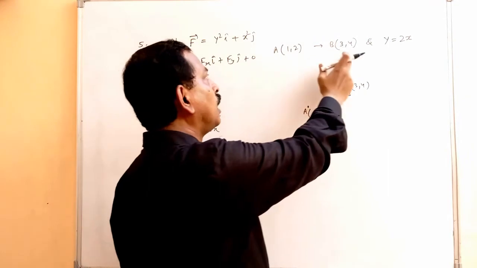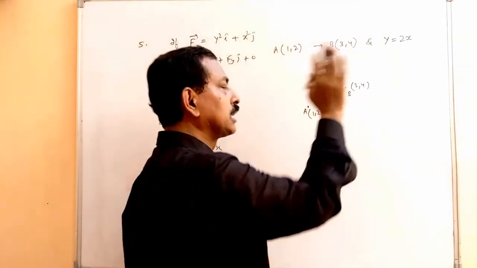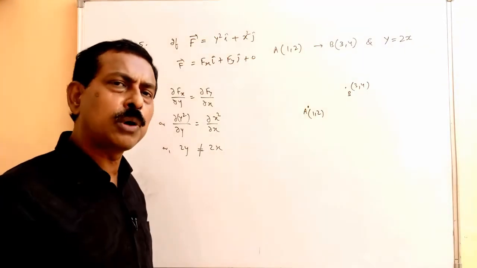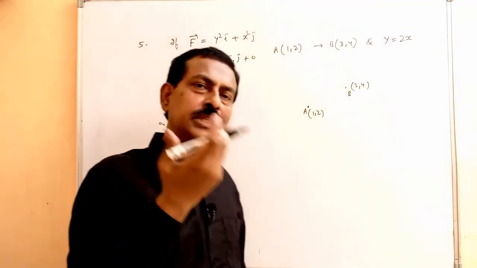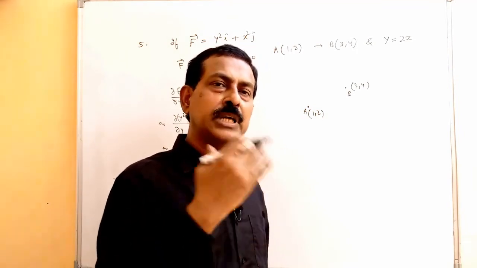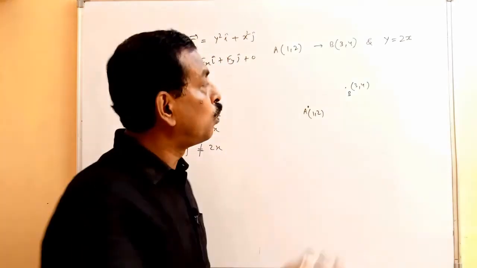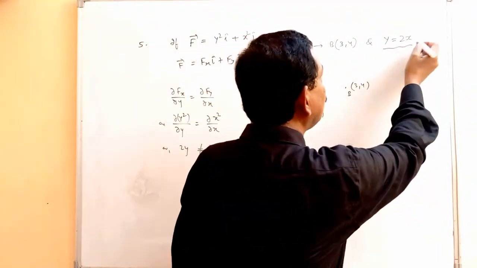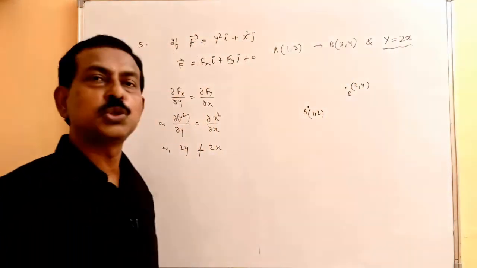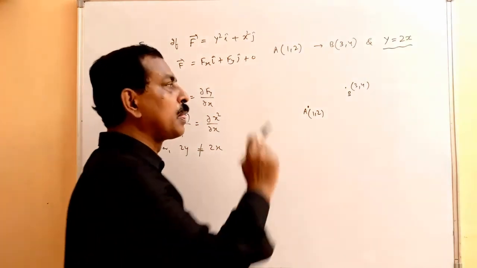Points are given that it is displaced from point A to point B. Coordinates are given. The work done formula will be the same whether it is conservative or non-conservative. It will be the dot product of force and displacement. Now, why is this additional information given, y equals 2x?